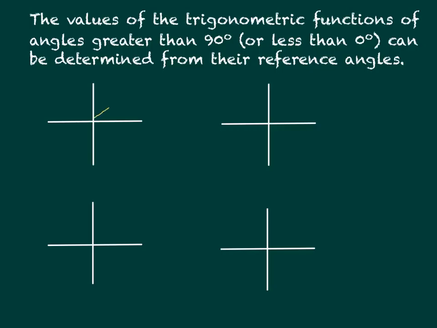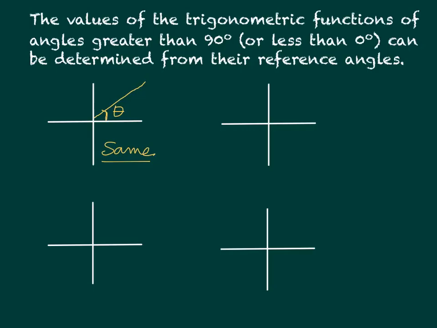If we have an angle right here, and that is theta, then we are already at our reference angle. That's just going to be the same, because that angle is less than 90 degrees and more than 0 degrees.